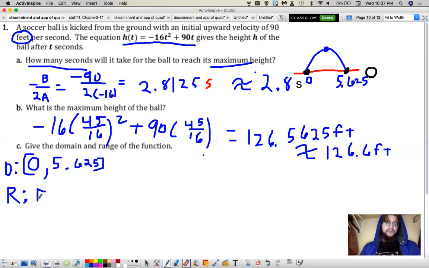So we'll call that starting height 0. It's on the ground. Oh man, what's the maximum height? Oh, hey, didn't we? Yeah, we found that already, didn't we? The maximum height is this. So that is my range.